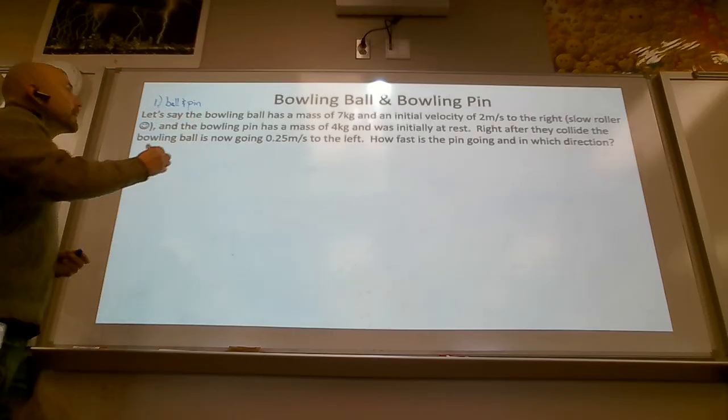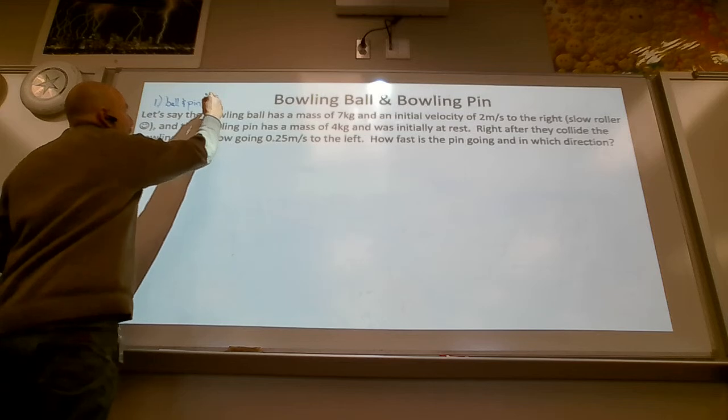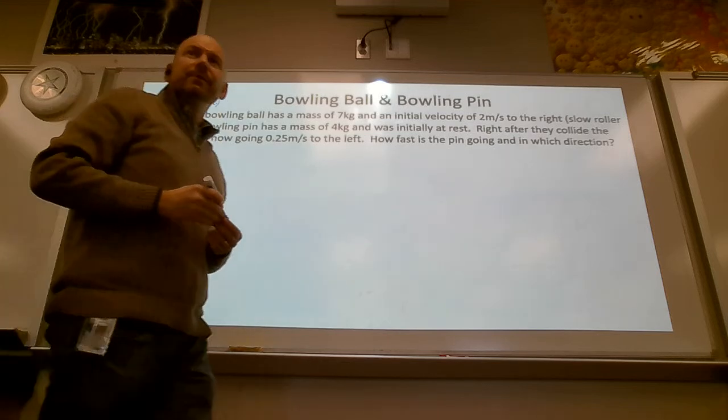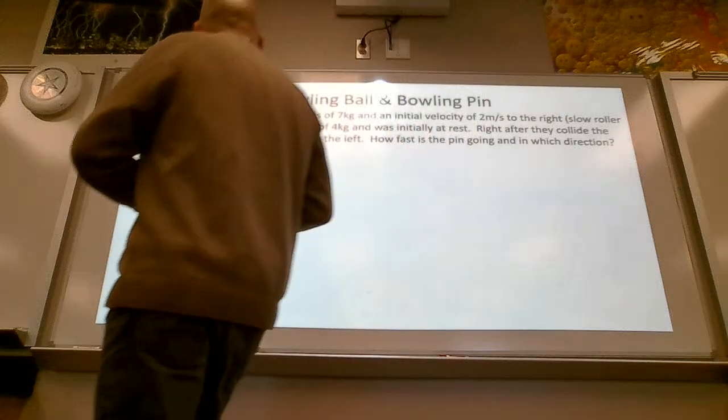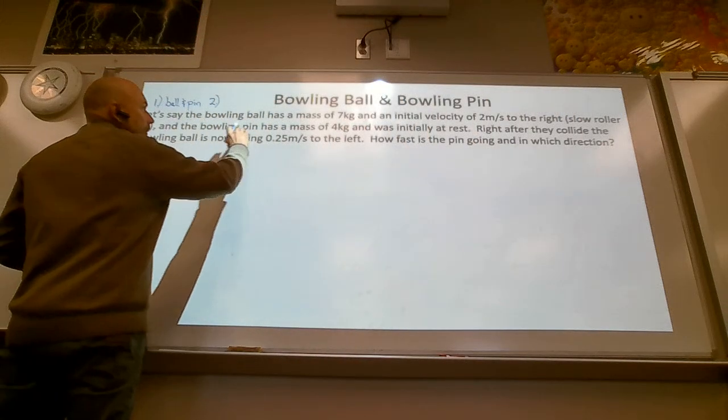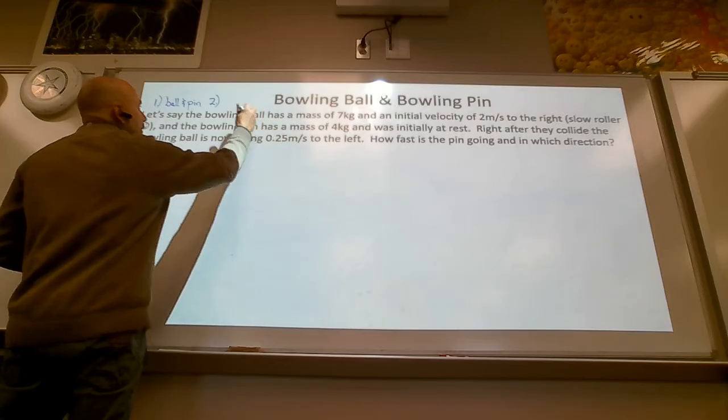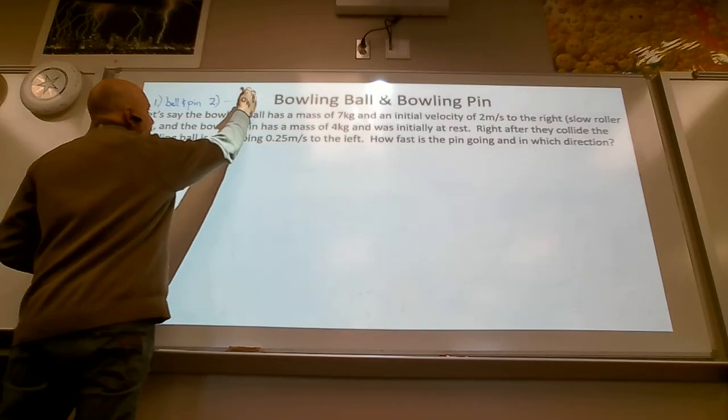Step two, we're going to pick which way to be the positive direction. I would tend to say whichever way more things are moving, make that the positive direction. You're not going to get anything wrong because of that, but I'm going to say the bowling ball is moving to the right, so to the right is the positive direction.